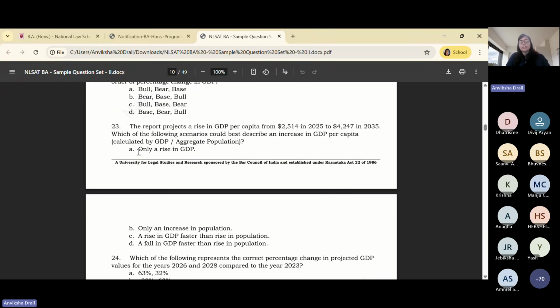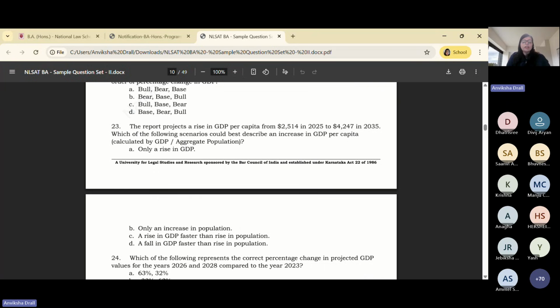So clearly, if there is only a rise in GDP, we cannot for sure say that your GDP per capita will go up because nothing is mentioned about your population here. Same way, only an increase in population. Definitely, if there is an increase in population, your GDP per capita will go down.